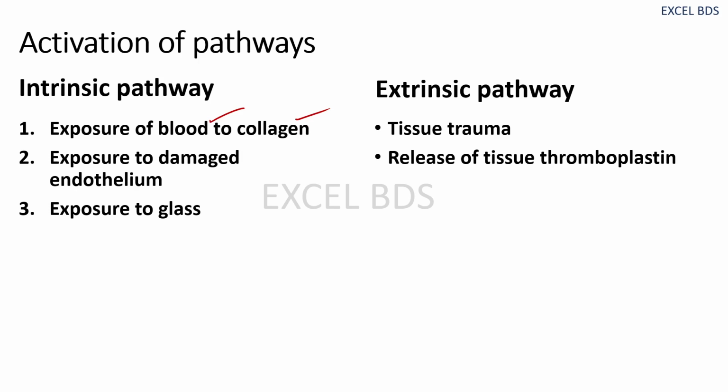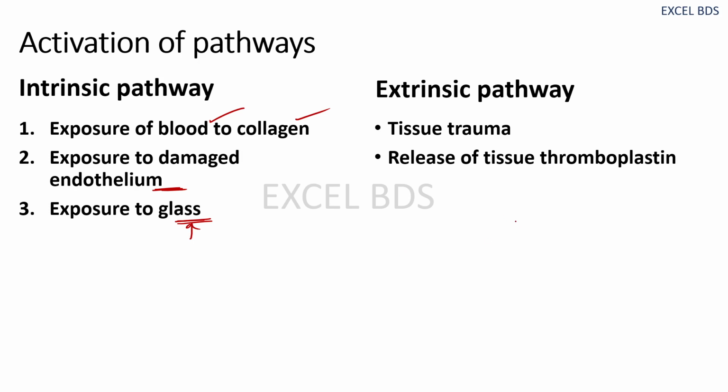Collagen is present in the basement membrane of the blood vessels and outside the blood vessels also. But whenever there is rupture of the blood vessel, the blood becomes exposed to collagen. There is also damage to the endothelium of the capillaries, hence exposure of the blood to the damaged endothelium. One more trigger of the intrinsic pathway is whenever the blood is exposed to glass.